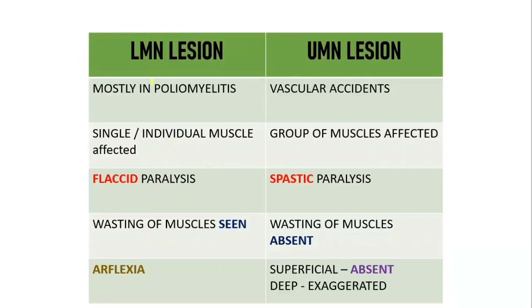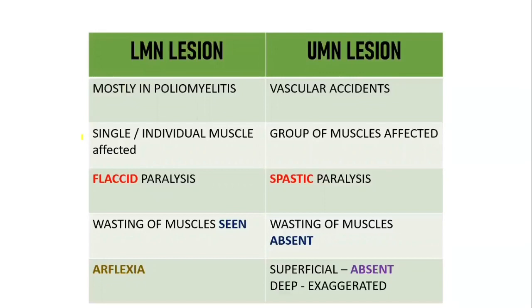Upper motor neurons are those that control the neurons of the spinal cord, and damage to them is called an upper motor neuron lesion. You know this concept. A lower motor neuron lesion is most commonly seen in poliomyelitis, where the poliovirus is the cause, whereas a UMN lesion is mostly seen in vascular accidents.